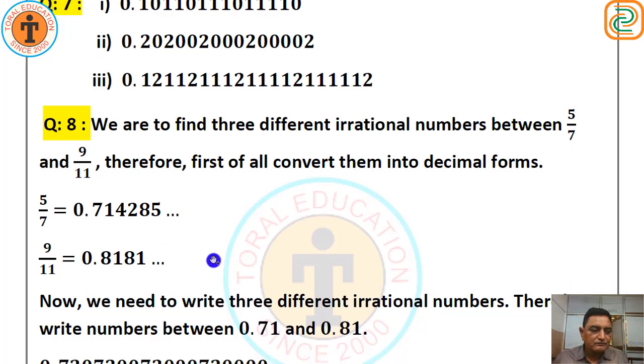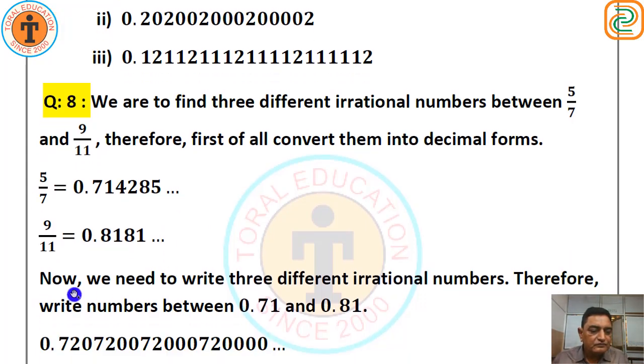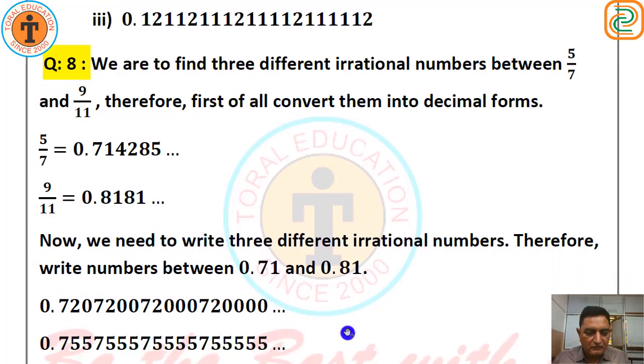Now we need to write 3 different irrational numbers. Therefore, write numbers between 0.71 and 0.81. I have written here 0.720720..., it is between 0.71 and 0.81.